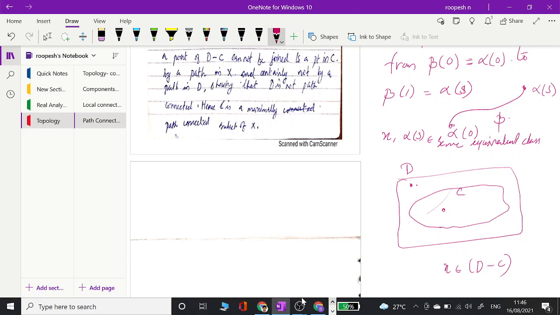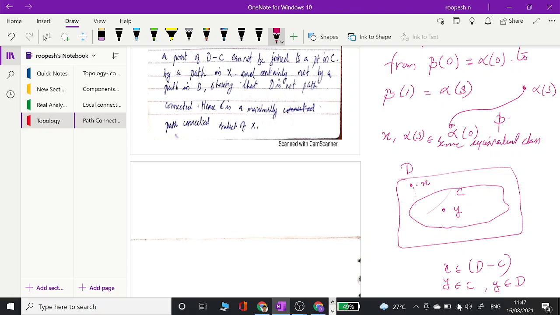C is a subset of D. So these points, say X and Y. Now my Y belongs to C, but Y also belongs to D. But there doesn't exist a path connecting X and Y. So what will happen? We can arrive at the conclusion that D is not path connected, right?